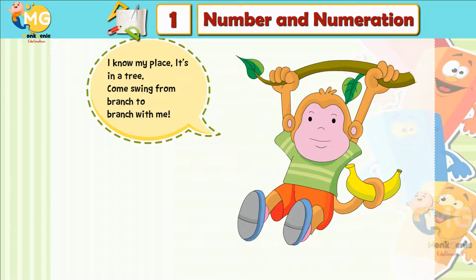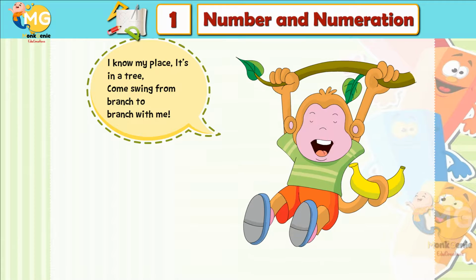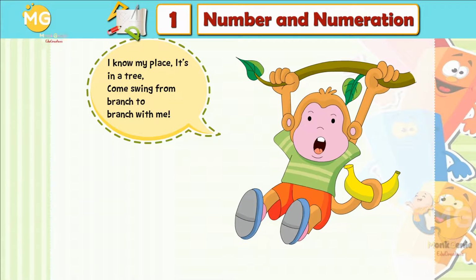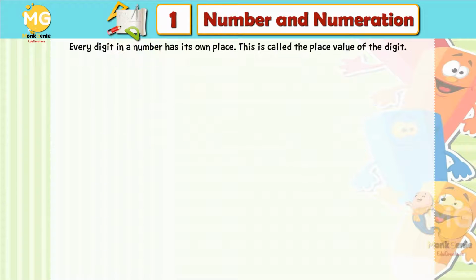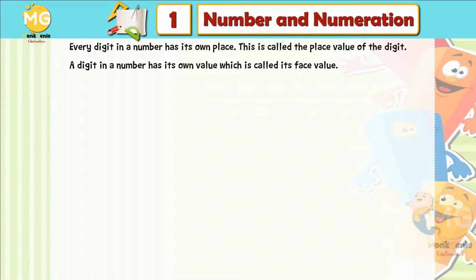I know my place. It's in a tree. Come, swing from branch to branch with me. Every digit in a number has its own place. This is called the place value of the digit. A digit in a number has its own value, which is called its face value.